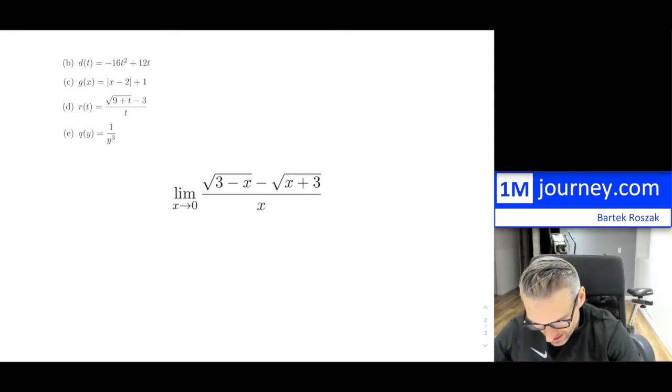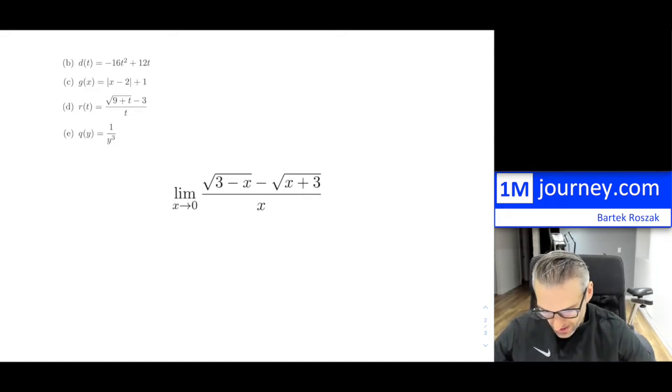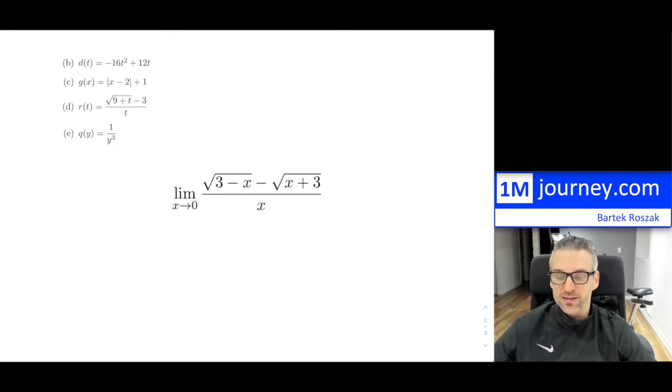Now I can already see that we're going to run into trouble here, because as x is approaching 0, clearly the denominator is going to be approaching 0 as well.